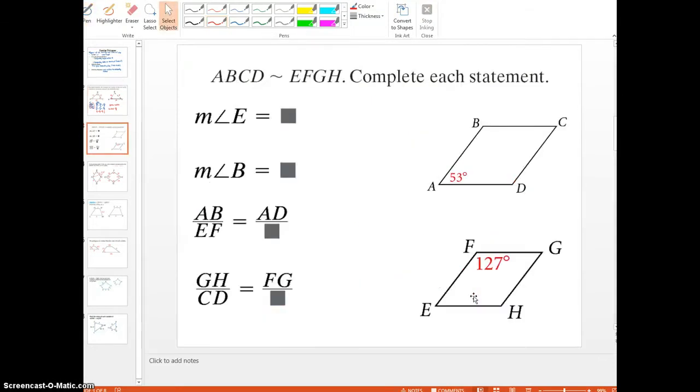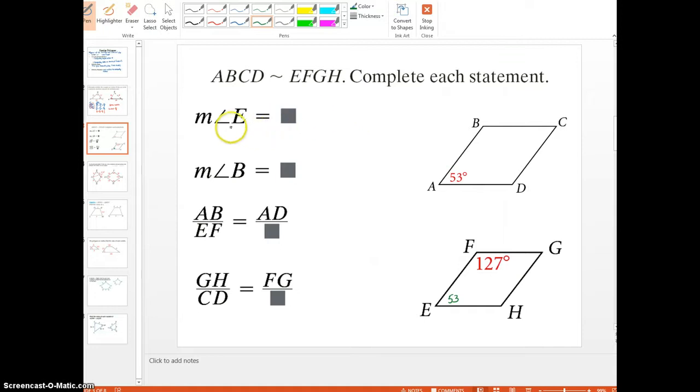Now here, if ABCD is similar to EFGH, complete each statement. Well guys, just like congruent triangles, we can either use the diagram or we can use the similarity statement. So we know the measure of angle E and A go together, so that would be 53.